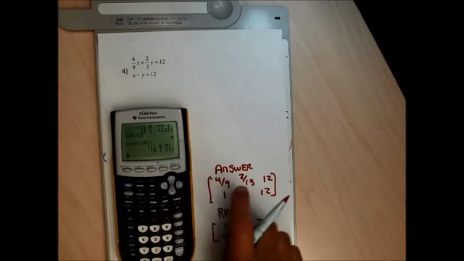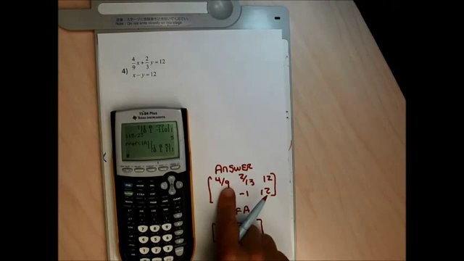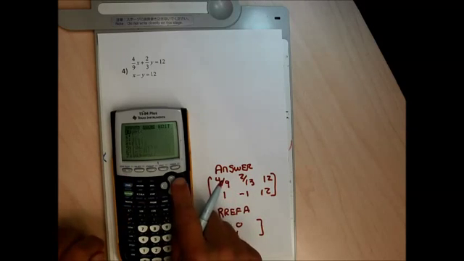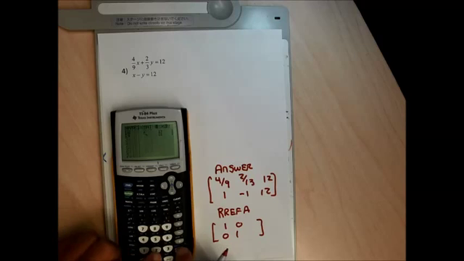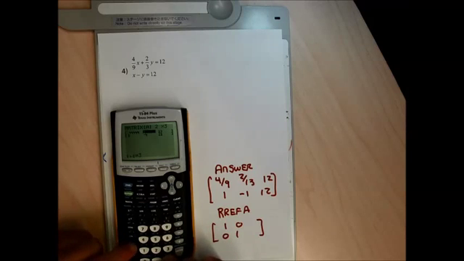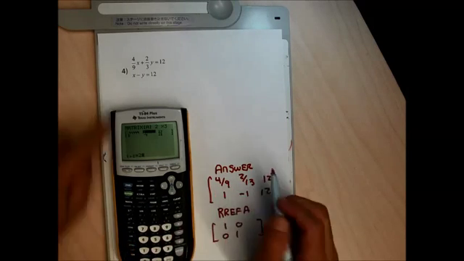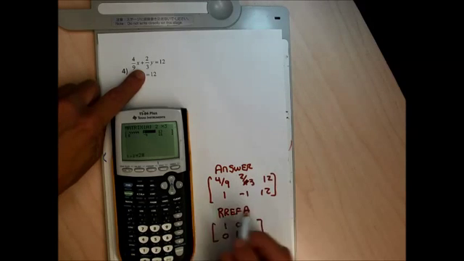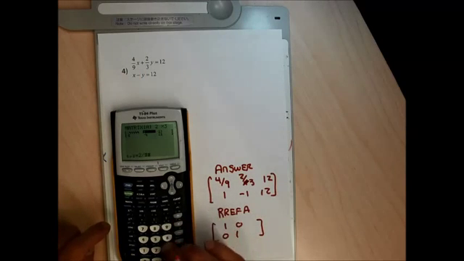When I type 4/9, my calculator is going to turn it to a decimal. That's okay. So I'm going to go second matrix, edit, enter, 2 enter, 3 enter. Then I go 4 divided by 9. It'll give me a decimal. I'll live with that. And then 2 divided by 3, not 13. 2 divided by 3 and enter.